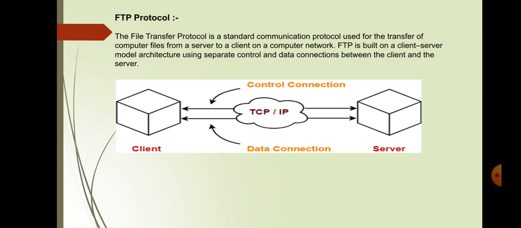If you see this figure, it is very clear. We have two ends, one is the FTP client and the second is the FTP server, and these two ends use TCP/IP protocols for sharing files from client to server and server to client.